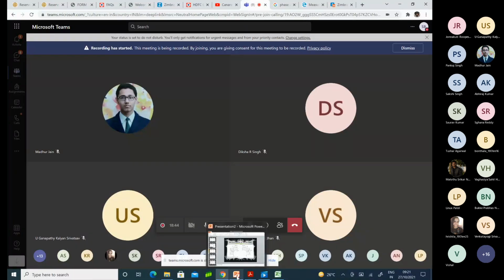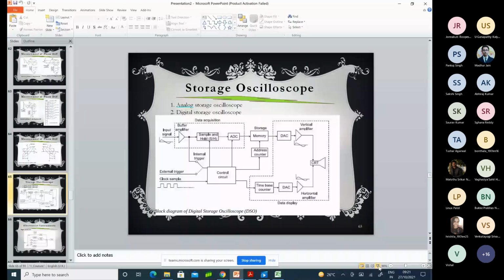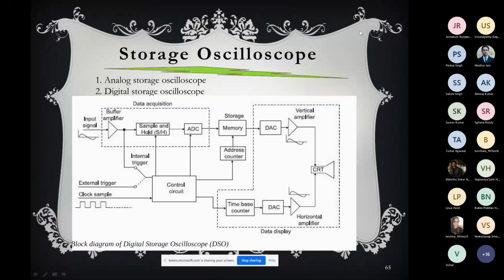So the next topic is the storage oscilloscope. What do you mean by the storage oscilloscope? There are two types: analog storage oscilloscope and digital storage oscilloscope.